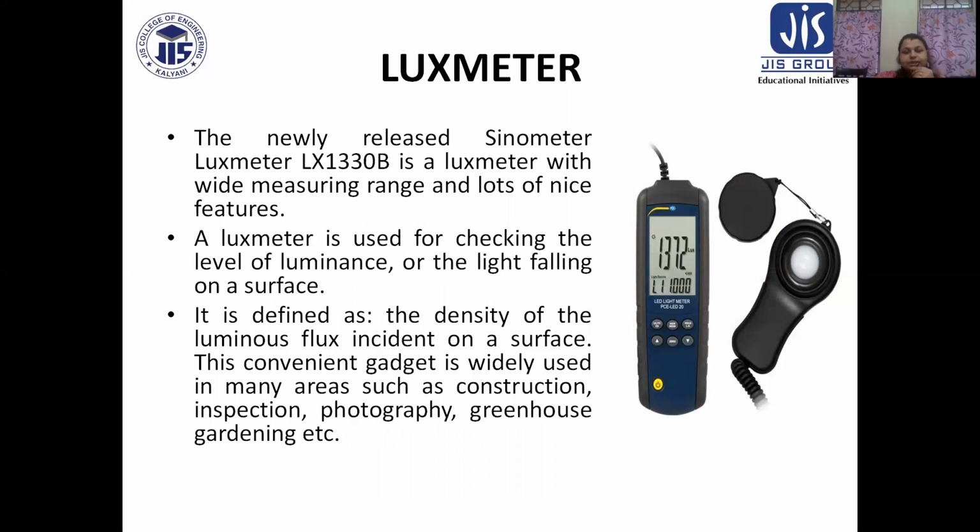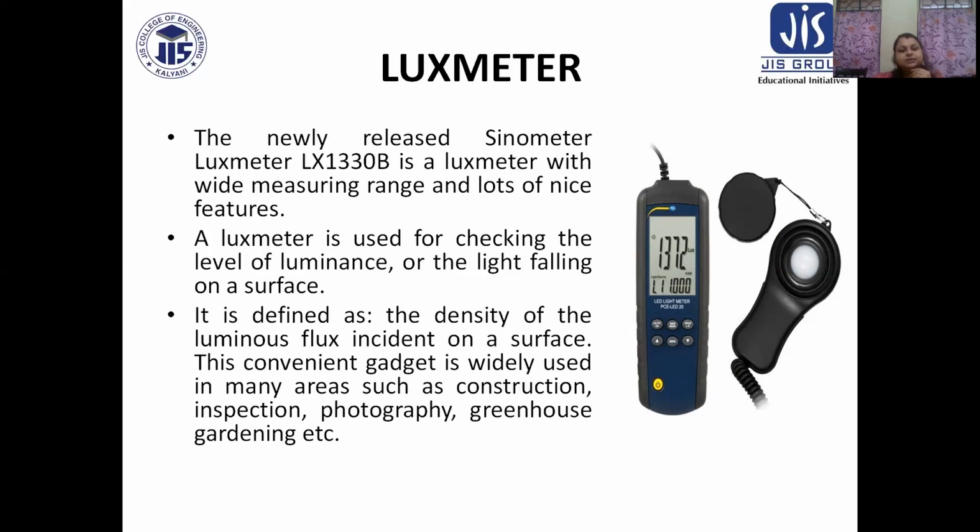Next, all of you can see that a lux meter is given in this slide. A lux meter is an instrument by which we can measure the level of lux. This is a digital lux meter, the newly released Sinometer lux meter LX1330B, a lux meter with a wide measuring range and lots of nice features.